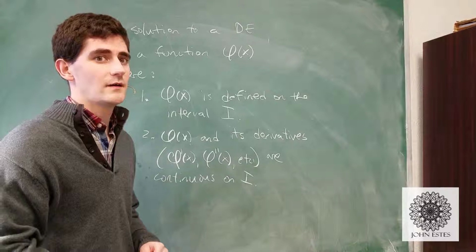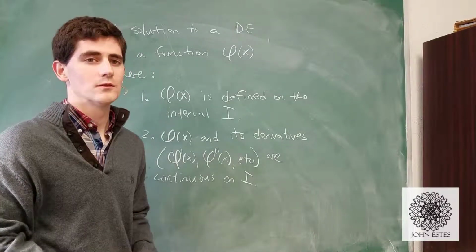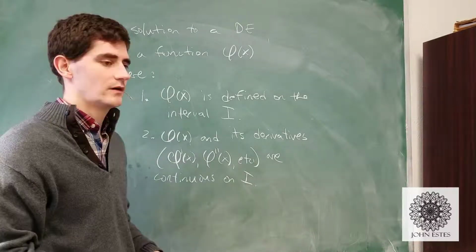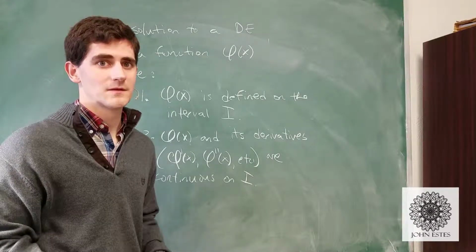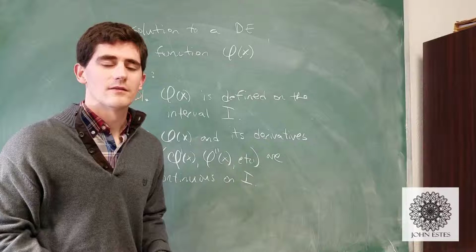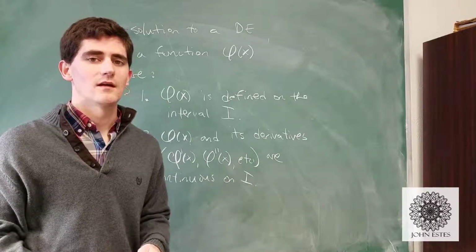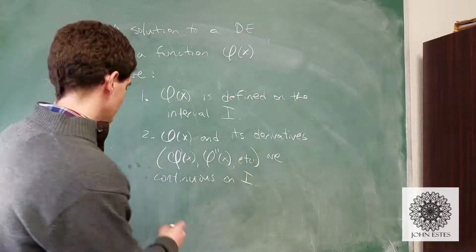These first two steps are very important and often overlooked, but to really understand what a differential equation solution is, you have to have this interval specified with it. Thirdly, the function has to meet the identity of the equation.